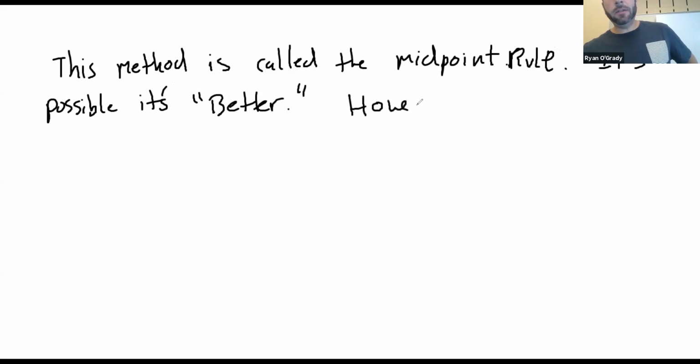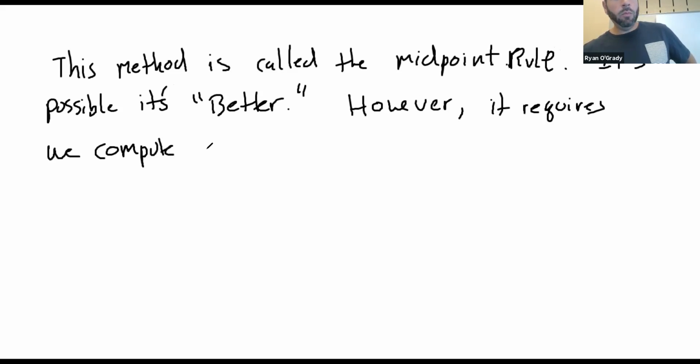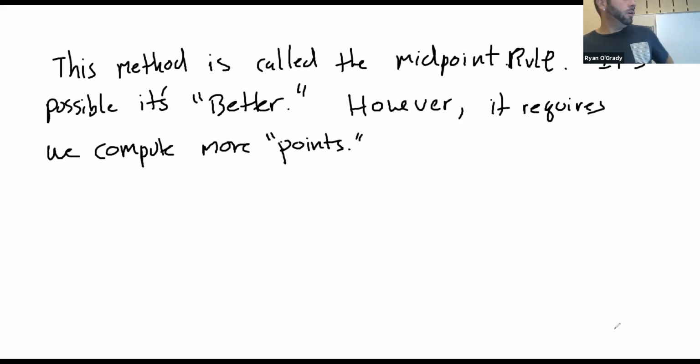However, as I said, it requires we compute more points. So even if we think it's going to give us a better approximation, the downside is we have to do more work. And I don't know, you're like me, I'm like you, the less work, the better. Wouldn't you agree?